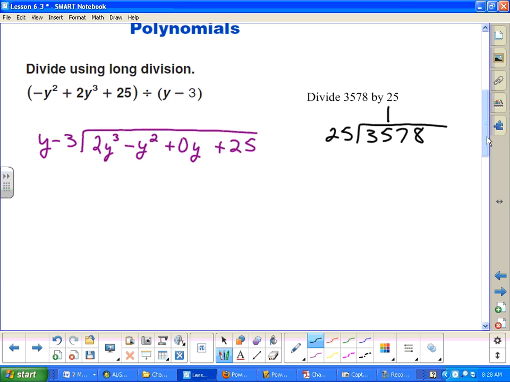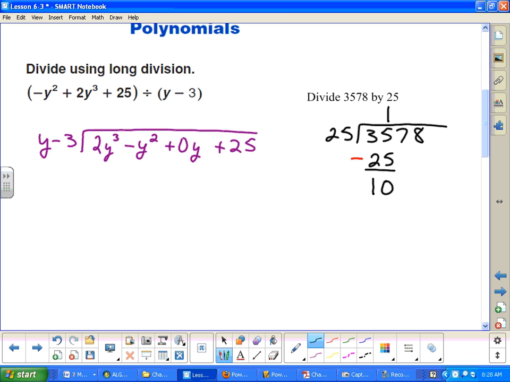And what's the next step? Okay, we're going to multiply them, right? So we multiply 25 times 1, and we get 25. And then after I do that multiplication, we're going to subtract.